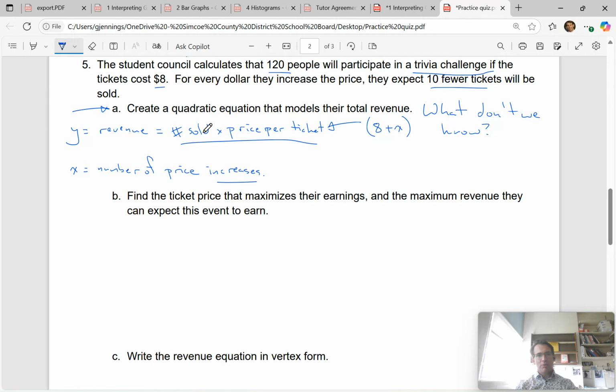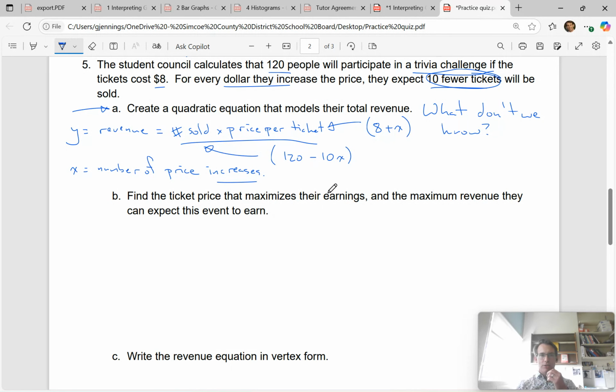But then how about number sold? Number sold is going to be 10 fewer tickets every time x goes up by 1. So that part, number sold, is going to be 120 minus 10x.